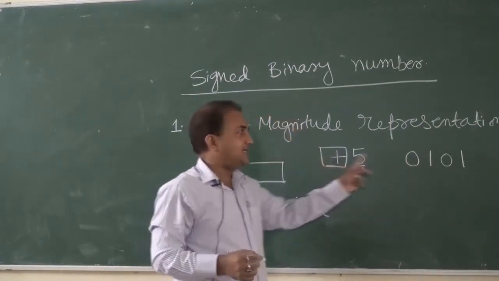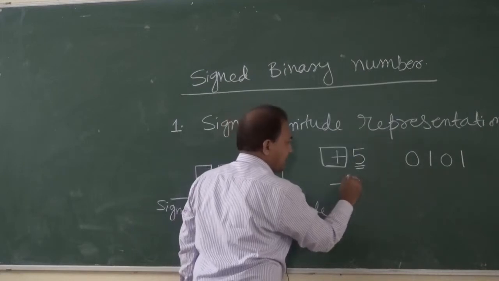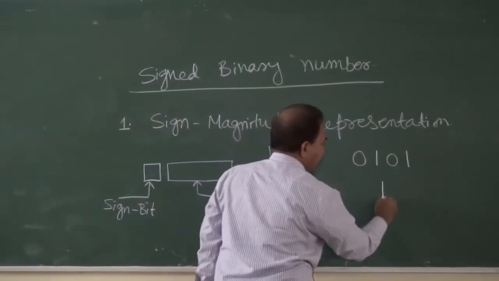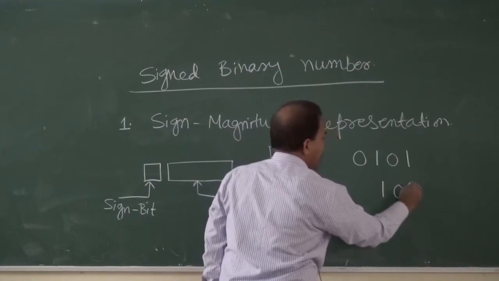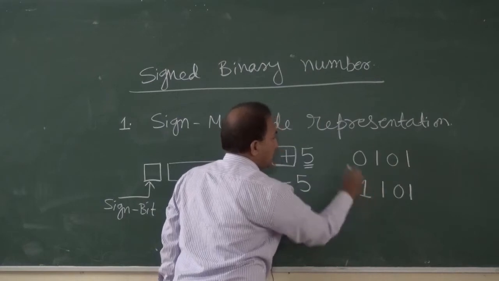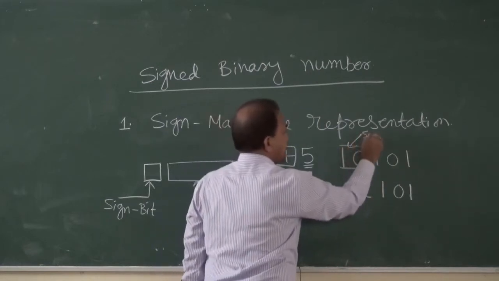So for plus it is 0, and suppose you have to represent -5. How you can represent it? Similarly, you can write like this 101, and here you have to put 1. So this is your sign bit.